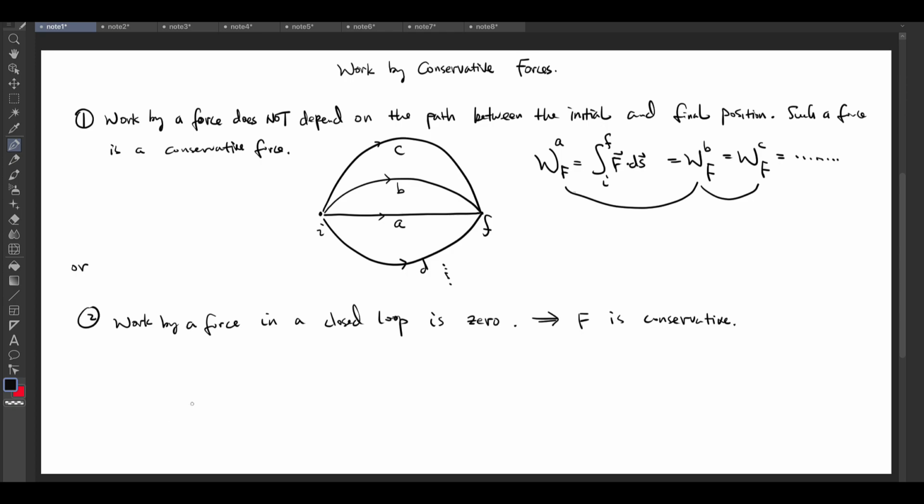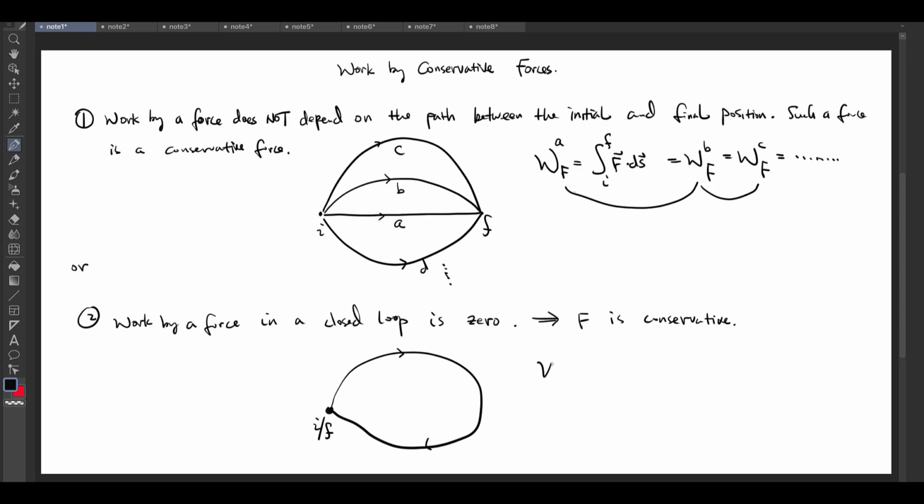Again, I want to represent this in a picture. Here is the initial position, and the object will go around along any path and then go back to the same location. So the initial position is also the final position. They're at the same location.